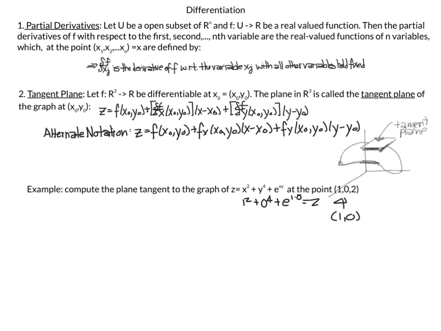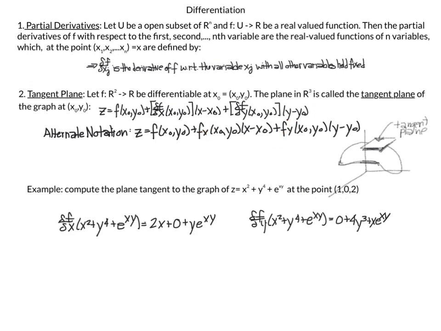You could too. And looking at my formula, the first thing we want to compute is f of x naught, y naught. So f of (1, 0) would give us 2. The next thing we need to compute is the partial derivative with respect to x and the partial derivative with respect to y.